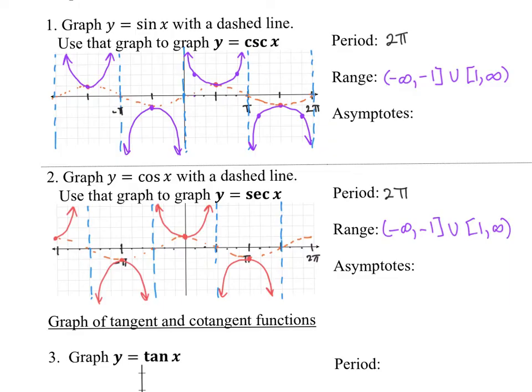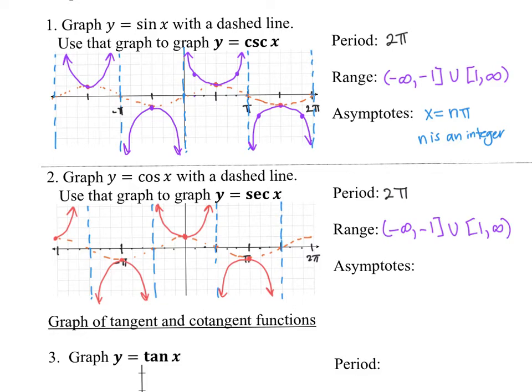So I want to express all the asymptotes. I'm going to say x equals n pi, and n is an integer. So at 0 pi, 1 pi, 2 pi, -1 pi, -2, -3 pi. This includes all the asymptotes that exist for y equals cosecant x.